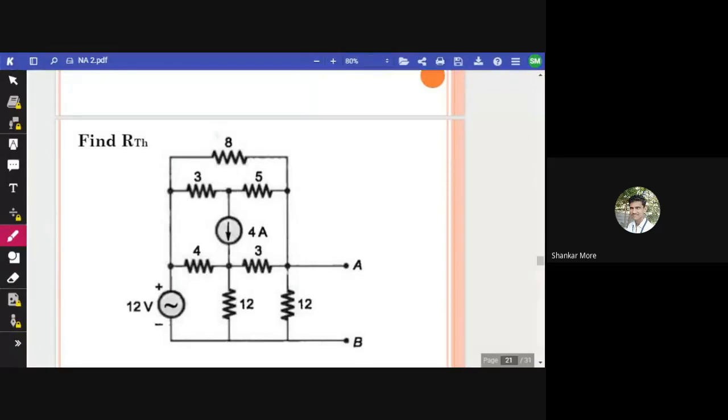So time limit for this is 2 minutes. It is 9:15. At 9:17, I will start explaining this example. Everyone, please try. Give it a try. Even if you make mistake, no worries. Find RTH.